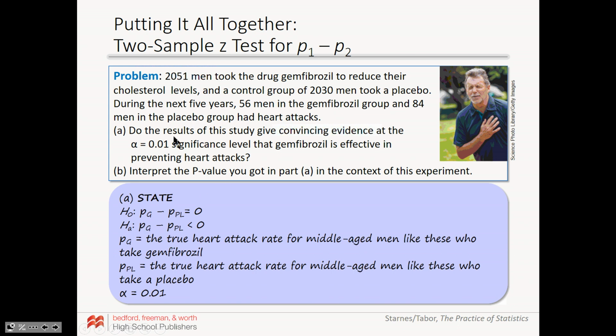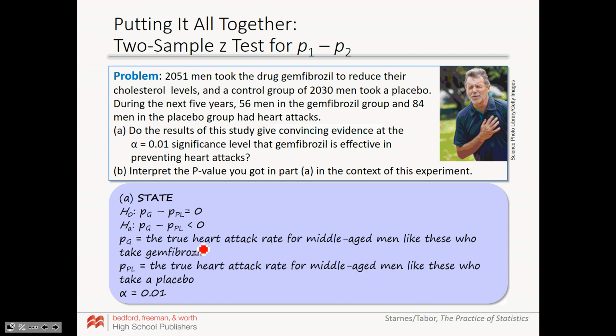And so the question is, if I read question A, do the results of the study give evidence that gemfibrozil is effective in preventing heart attacks? In other words, would the people that take that medication have fewer heart attacks than the placebo group, right?